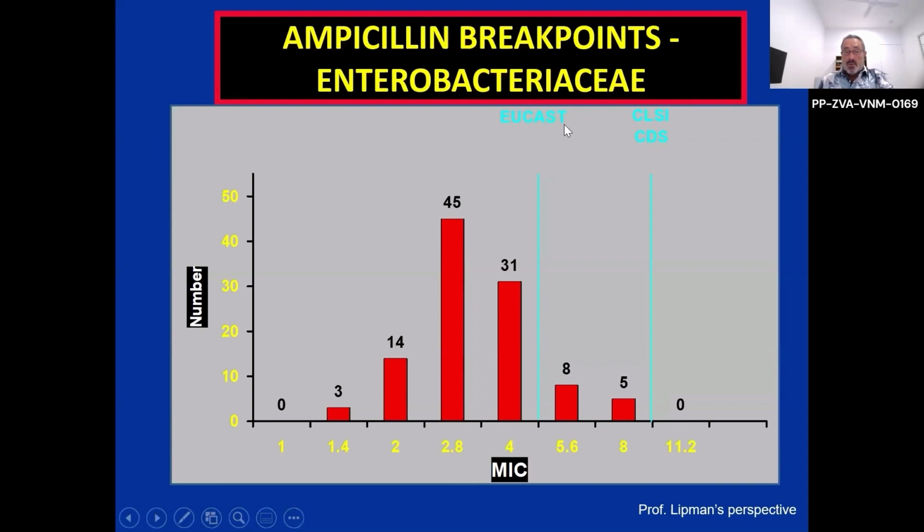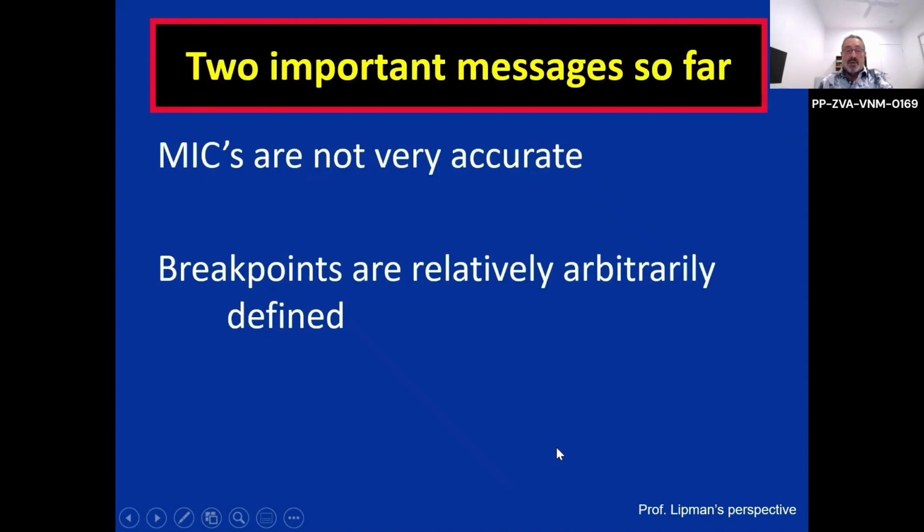So there are different European breakpoints, EUCAST, as against the American CLSI breakpoints. And that just complicates the picture a little bit more. So breakpoints are relatively arbitrarily defined, and there may or may not be a consistency in some organisms against some antibiotics.